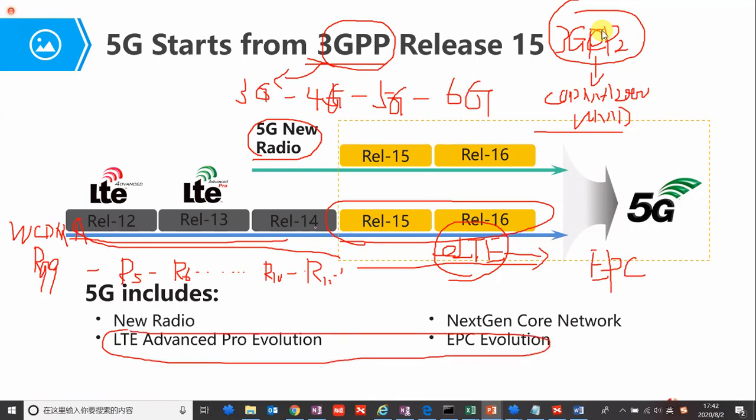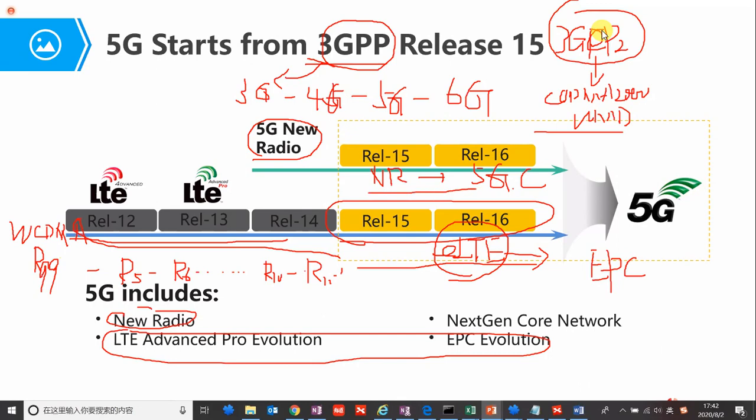Another path we call the 5G new radio, from Release 15. With the new radio, we use the 5G base station NR and the 5G core, the next generation core network.